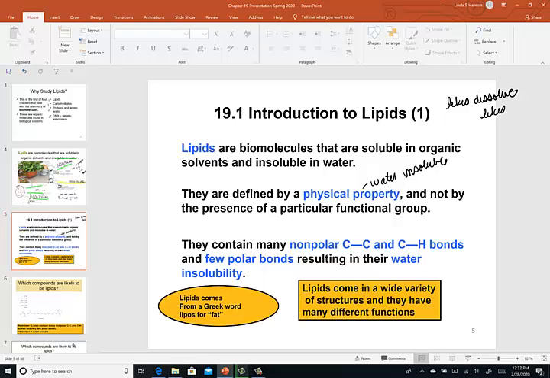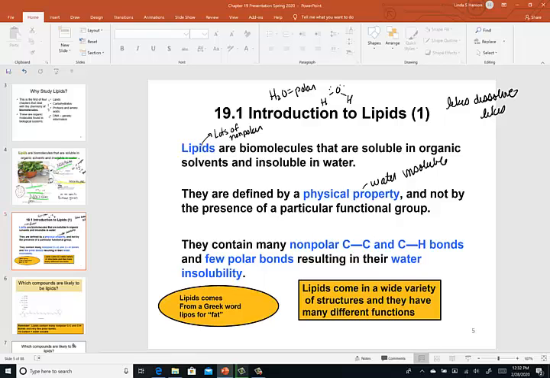And so if you have a very nonpolar region in a lipid, lots of nonpolar region, and water, which happens to be very polar, remember the hydrogen, oxygen, hydrogen, this is a very polar molecule. You wouldn't expect a lipid to communicate well with a water molecule. They are opposites.